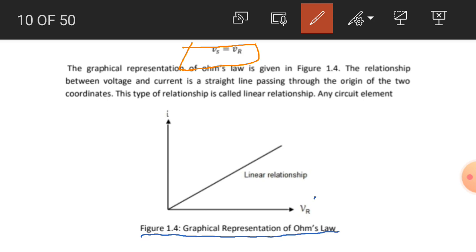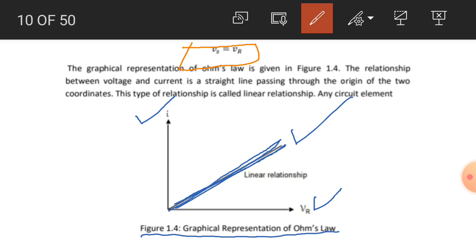We take the voltage across the resistor along the horizontal axis and the current along the vertical axis. So if we increase the voltage across the resistor, the current in the resistor will increase. This is the graphical representation of Ohm's law.